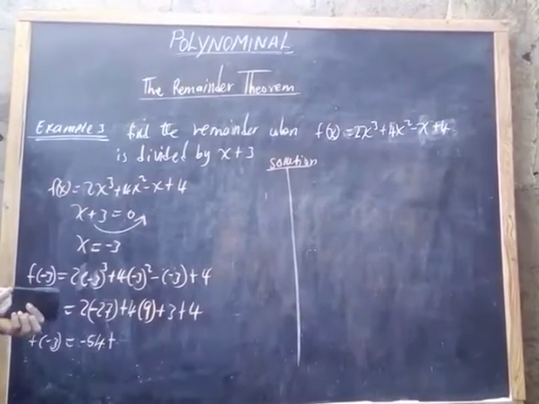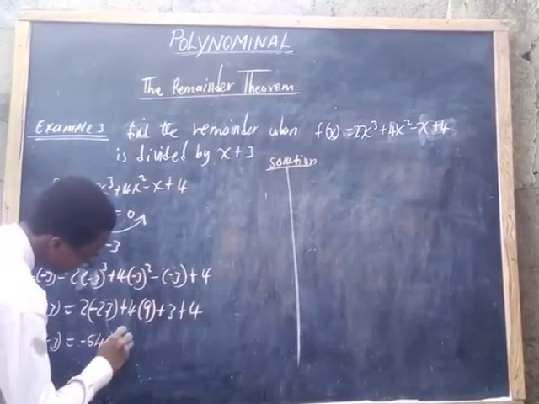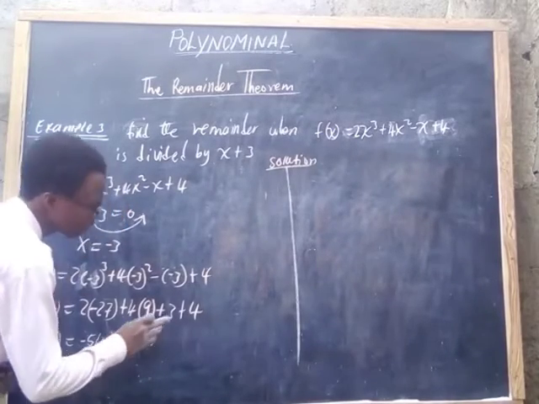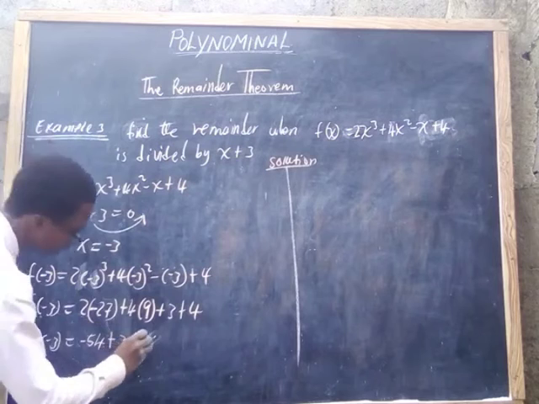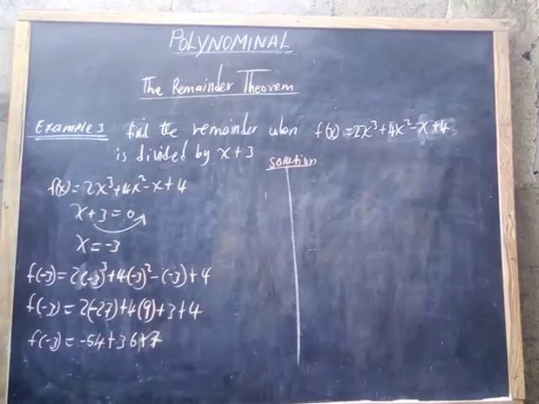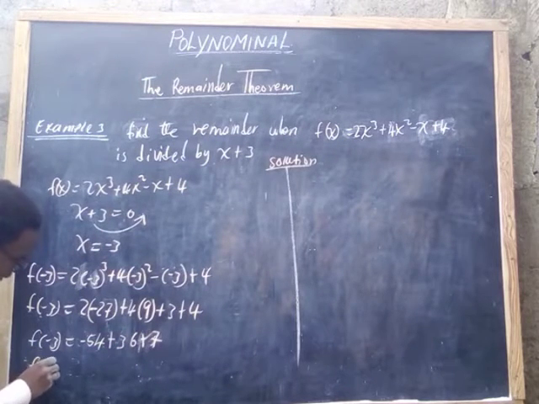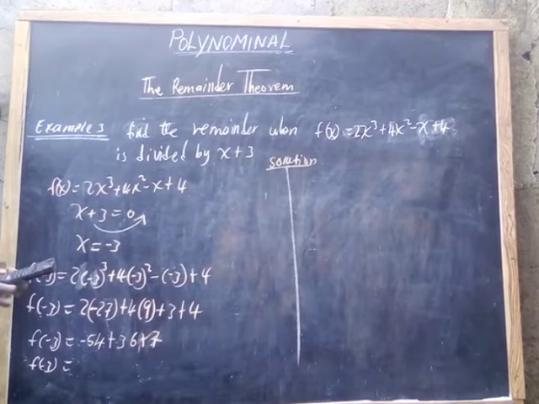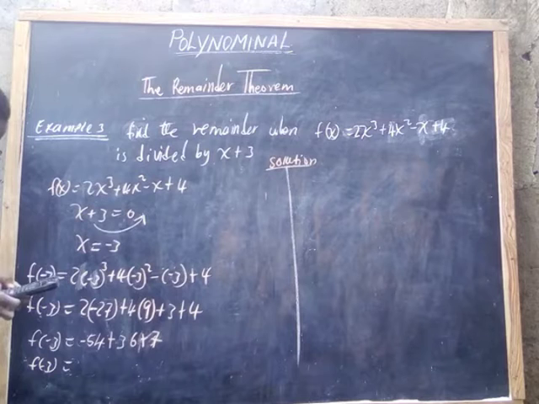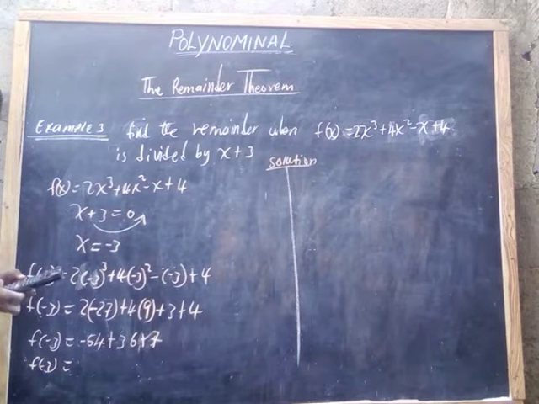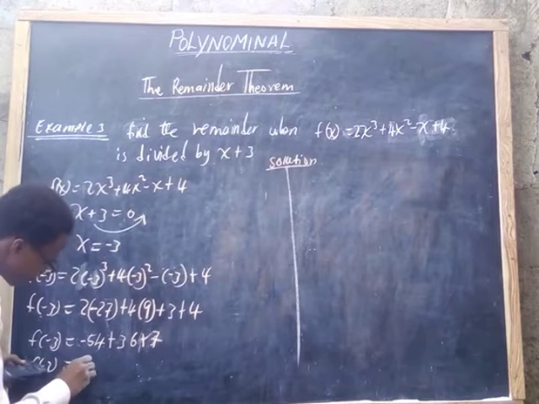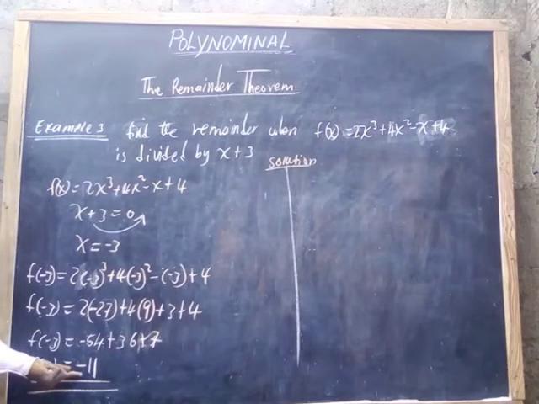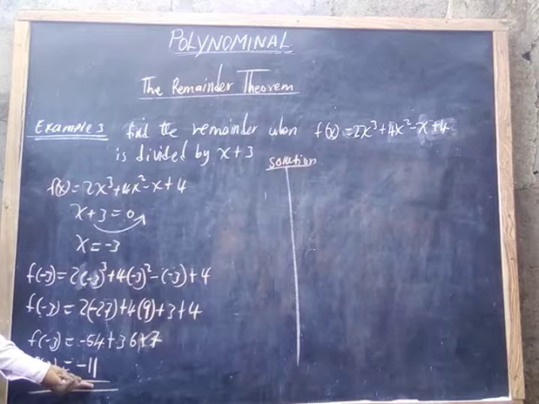It will give us how many? 36, right? Plus 3 plus 4 is just how many? Plus 7. Good. Now you go. So f of minus 3 is equals to minus 54 plus 36 plus 7 gives us how many? Minus 11. If you use your calculator and add them all, it will give us minus 11. Do you see it?